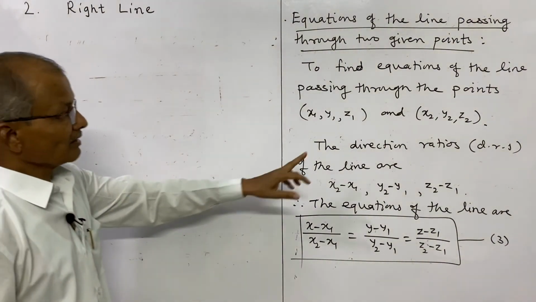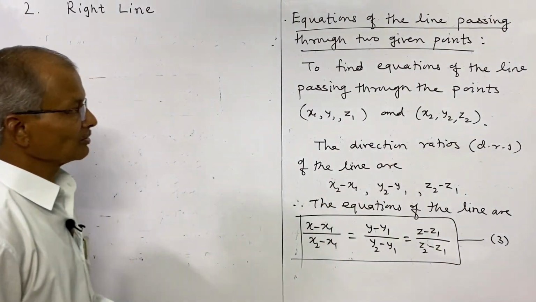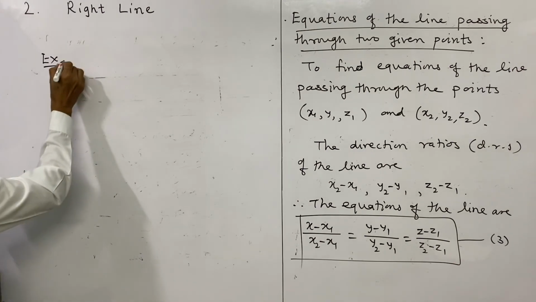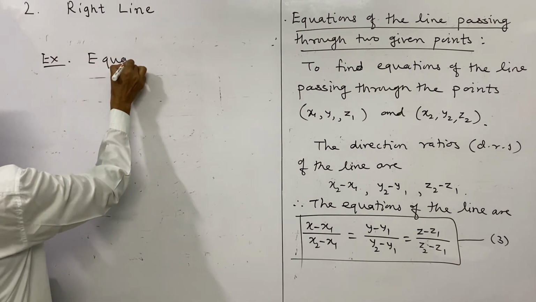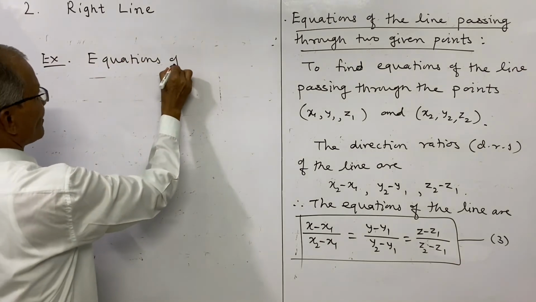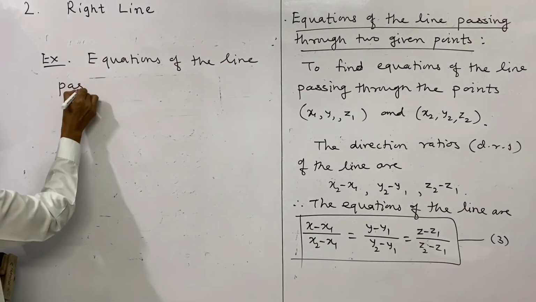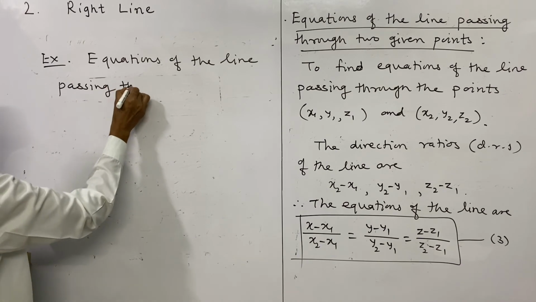And this is the equation of the line passing through these 2 points, which is very easy to consider. Equations of the line passing through the points.